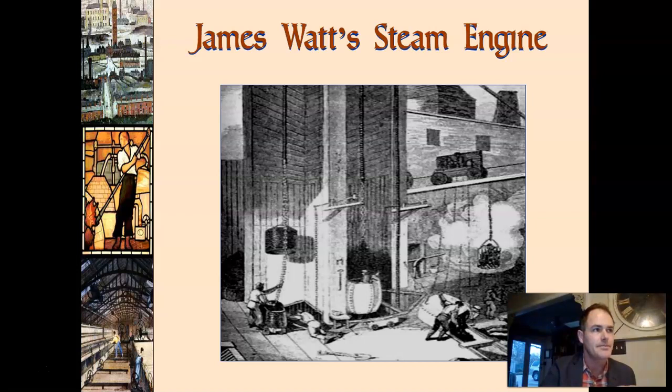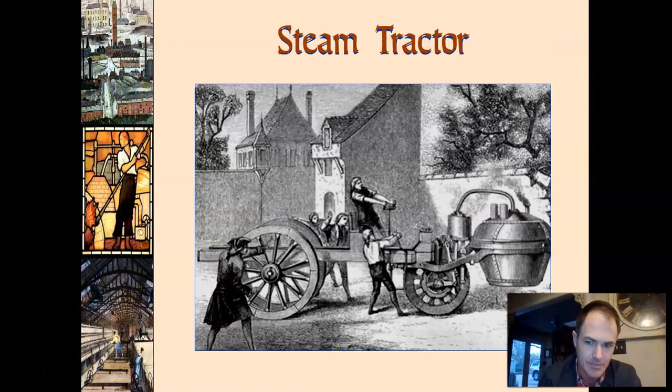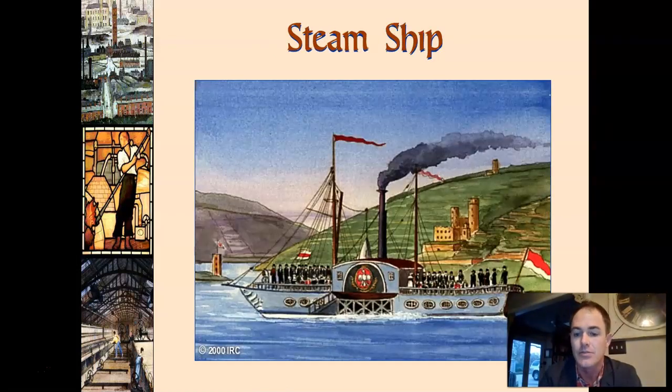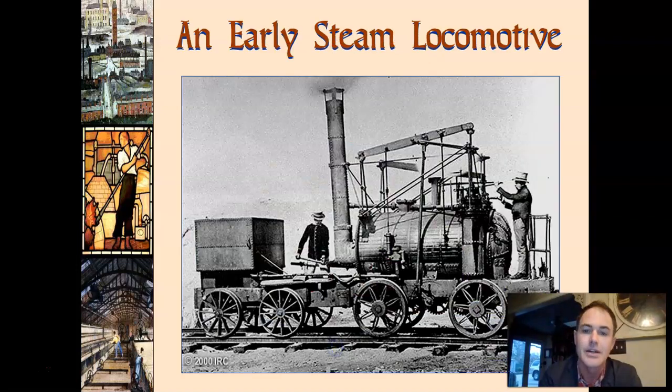But it then powers the machine. Originally, it was used to pull the water out of the mine so you can dig the coal, but its applications expanded, something like a tractor, but eventually to ships in the 19th century, and eventually the creation of the locomotive, which dramatically changes life, right?